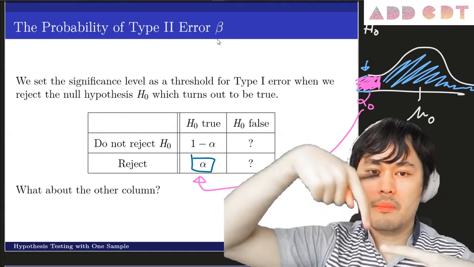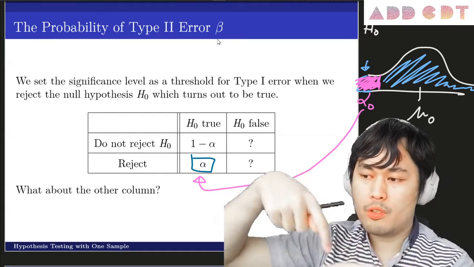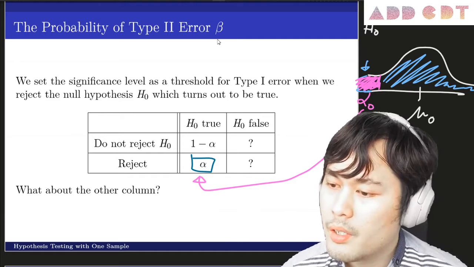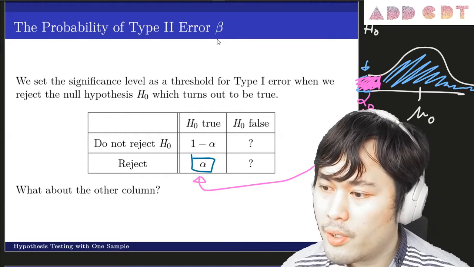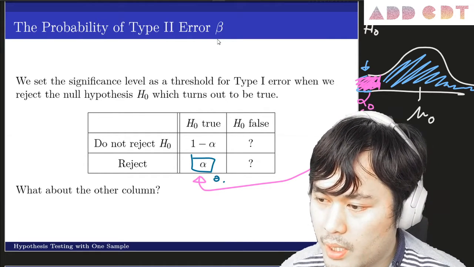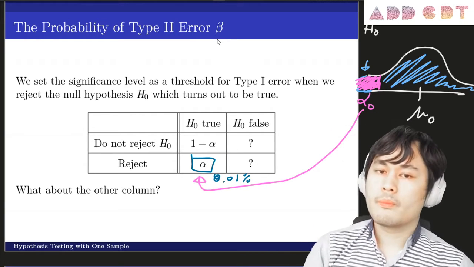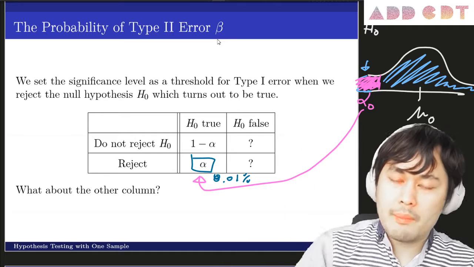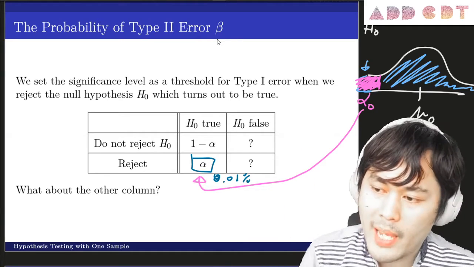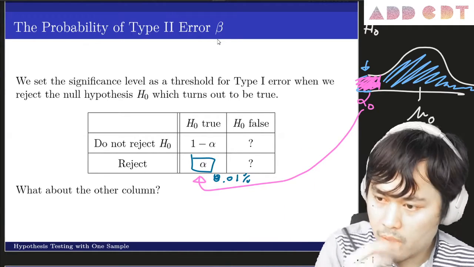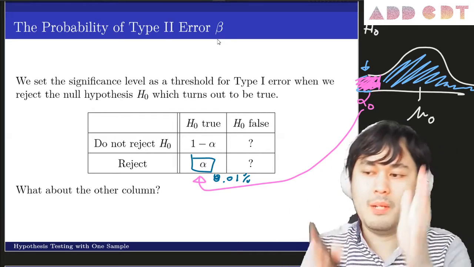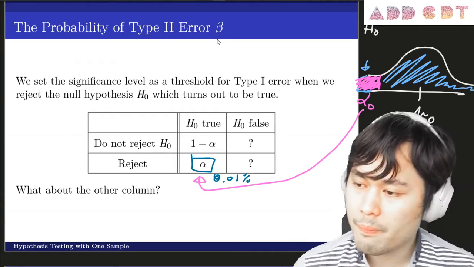That means maybe we don't want people to be dead, so we have to minimize that error. So maybe in that scenario, let's say we want that to be this low, like 0.01%, and that's fine, because that's the number that we set up at the beginning. It can be any number you want, between 0 and 1, of course, because that's the chance.